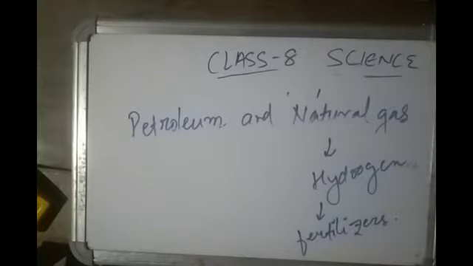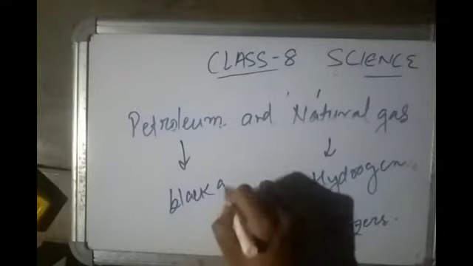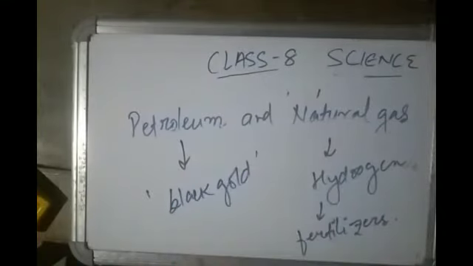Why is petroleum called black gold? Because of its commercial importance, petroleum is also called black gold. So we get many useful products from petroleum and natural gas.